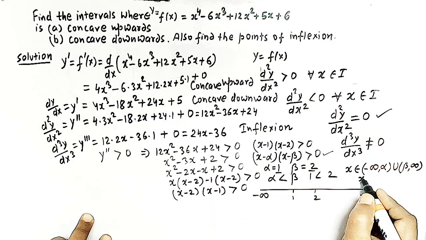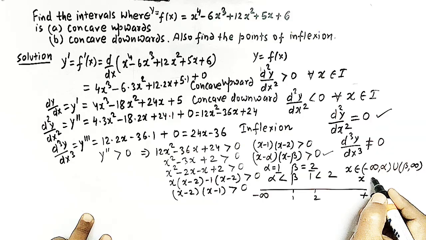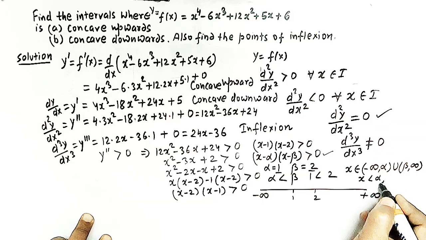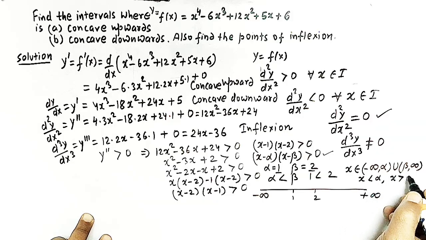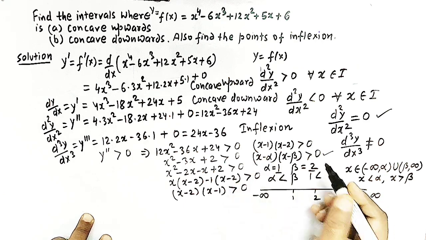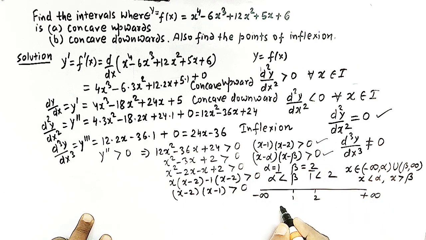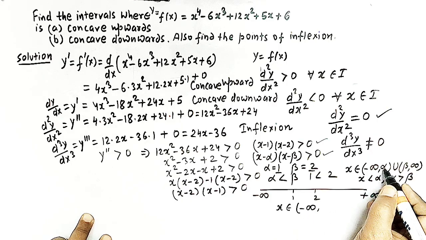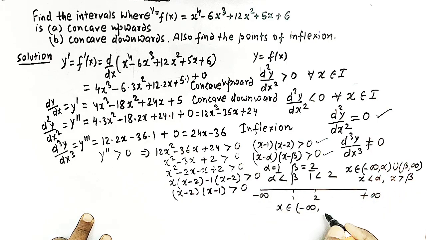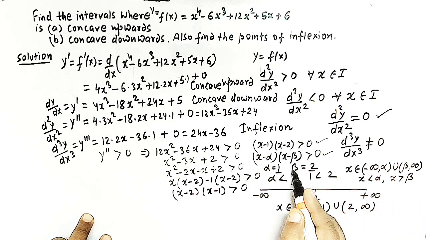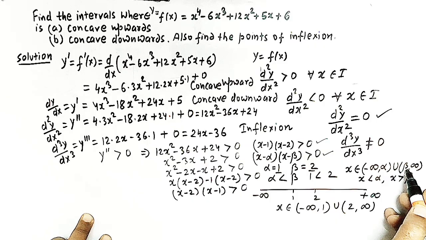That is we have the solution as x less than alpha and x greater than beta, right? So the solution of this inequality is given by x belonging to minus infinity to 1, alpha is 1, union, then we have 2 to infinity, so here beta is 2, right?